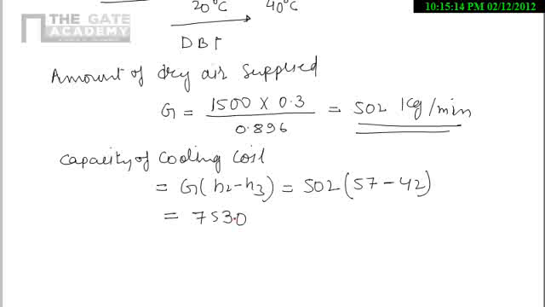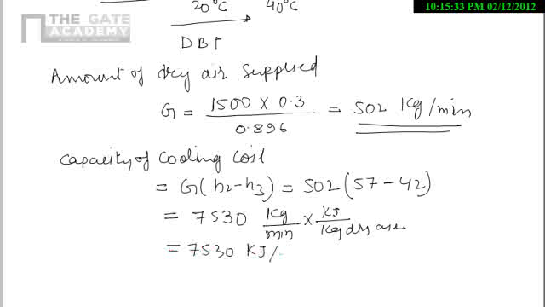Let us see what the unit will be here, because we are multiplying G, that is kilogram per minute. So I will write the unit here first: kilogram per minute into kilojoule per kg of dry air. So this will be in kilojoule per minute. If we have to convert this into per second, we divide by 60.